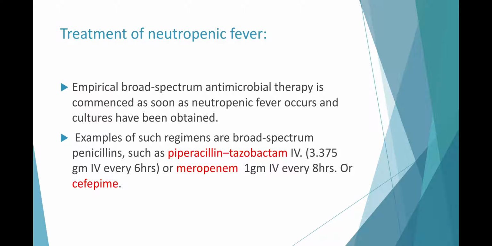The doses here are not required; I will not ask you about the doses of the antibiotics. Just know the names. Piperacillin is an anti-pseudomonal penicillin, meropenem is a carbapenem, and cefepime is a fourth generation cephalosporin.